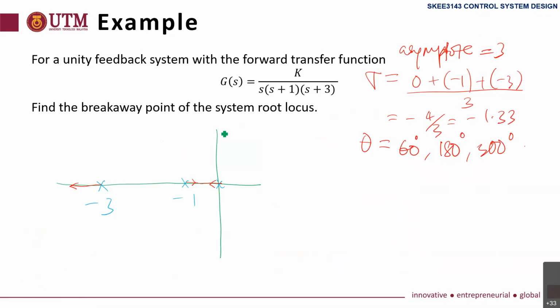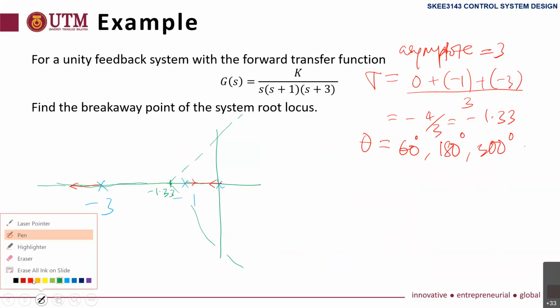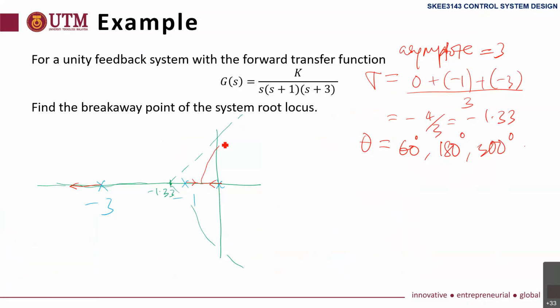So here minus 1.33. These are the asymptotes, and if we plot, it will be something like this and like this.